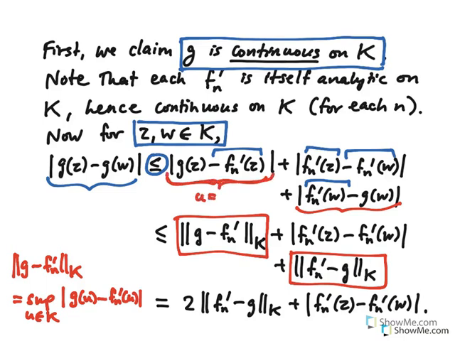It's just that u happens to equal z, which is one special value in K. And then this over here is also of that exact same type. It's just that u is equal to w, which is also some special value in K. But the value of that expression at a particular point in K is at most the supremum of that same expression over all K. So those are both upper bounded by, less than or equal to, that K norm.